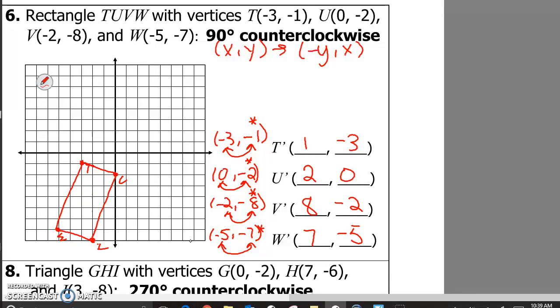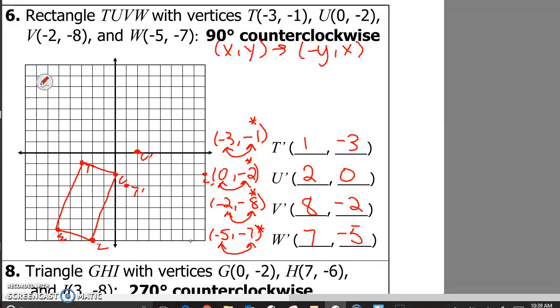So graphing the new image, we've got T at 1, negative 3. U, we've got 2, 0. V, we've got 8, negative 2.